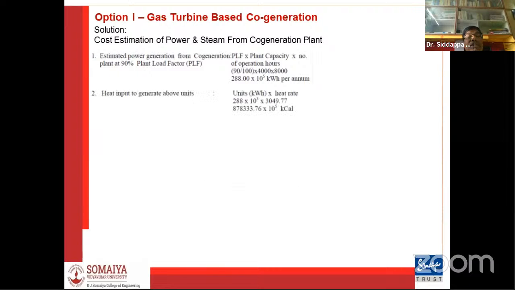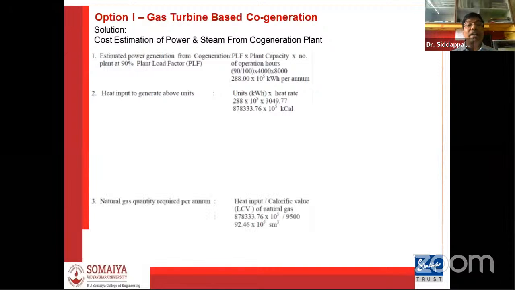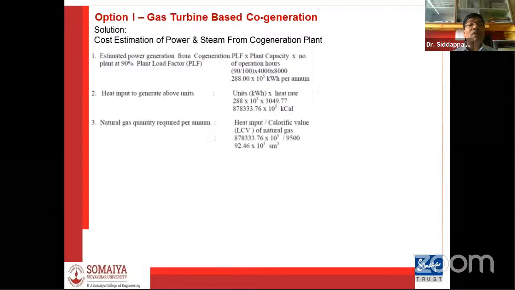Cost estimation: the estimated power generation from the cogeneration system at 90% load factor will be plant capacity times the number of hours the plant is operating, which gives me some 288 into 10 to the power of 5 kilowatt hour per annum. Then to get this much power, how much heat input to the generator?